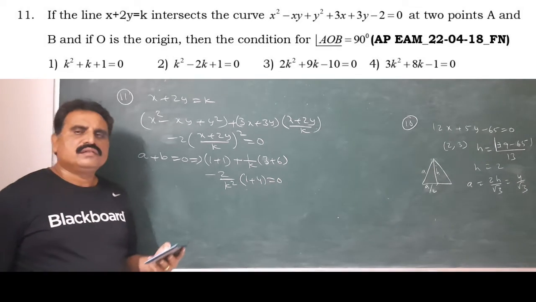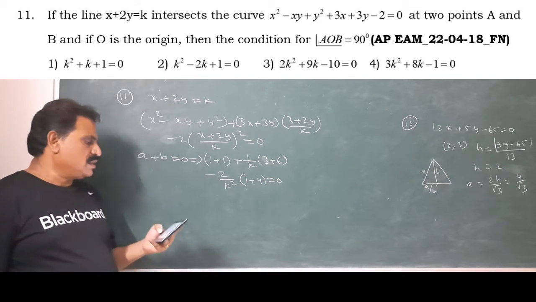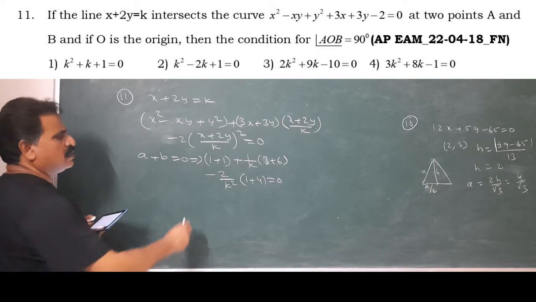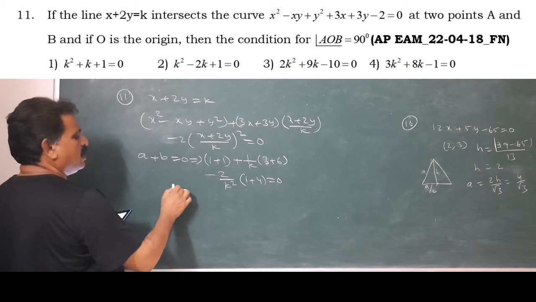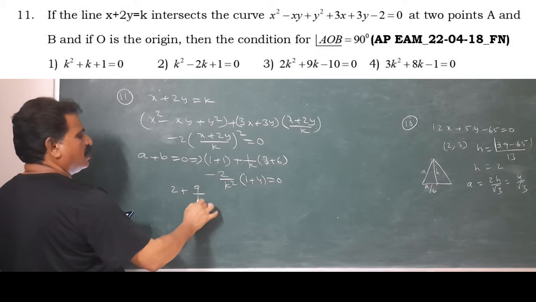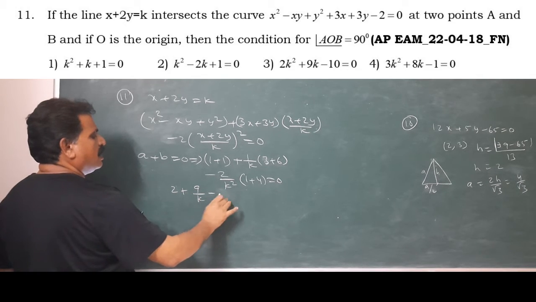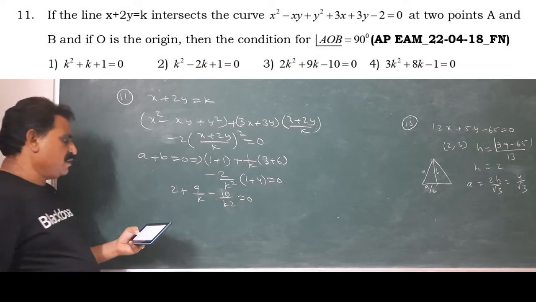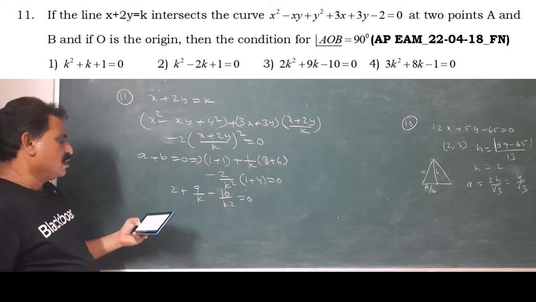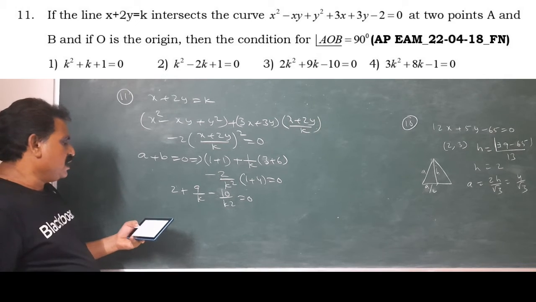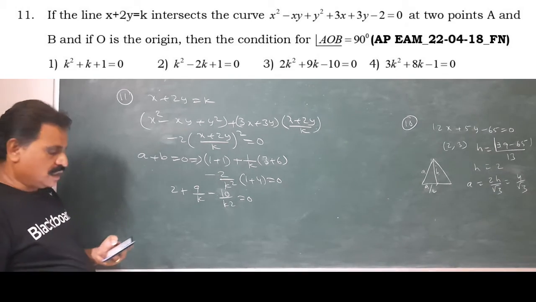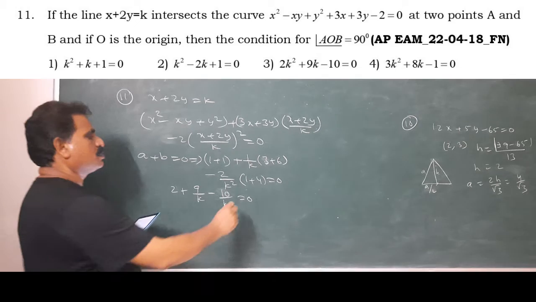By simplifying we get the quadratic equation 2 plus 9 by k minus 10 by k square equal to 0. Multiply with k square: 2k square plus 9k minus 10 equal to 0. That is the third option. The third option is the right answer.